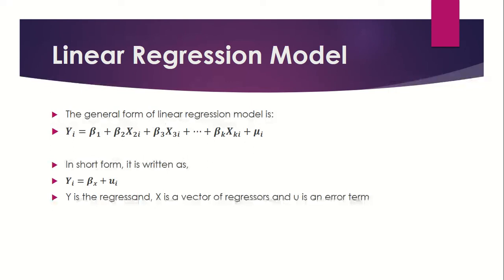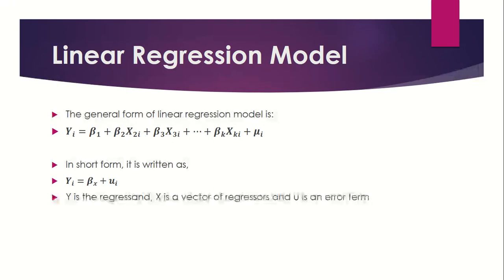We use capital letters for representing variables and subscripts refer to specific values. Here it represents the ith value of the y variable. Similarly, x is another variable and i refers to the ith value of the x variable. This is the x2 variable and then its ith value. This is the general form with k variables.